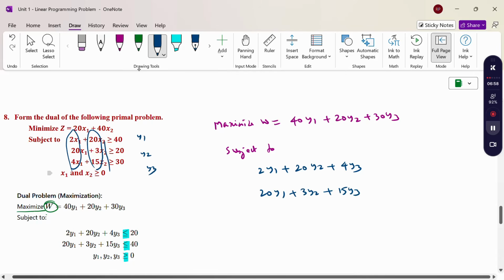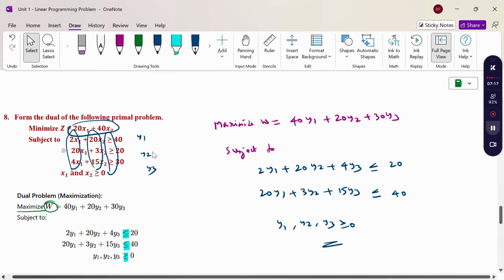All the greater than or equal to signs change into less than or equal to, and the objective function values go to the right hand side: 20, 40. Now y1, y2, y3 greater than or equal to 0. So this is the change from primal to dual.